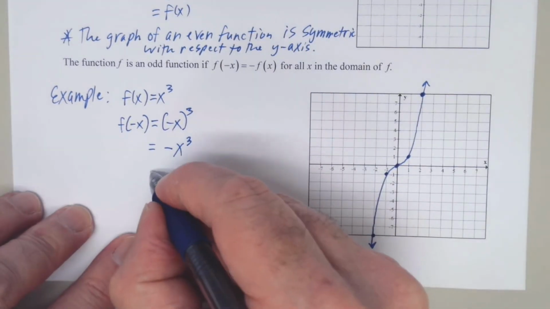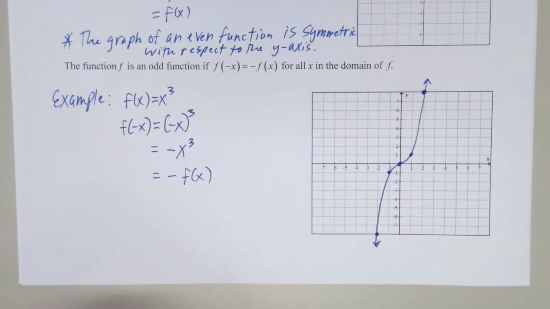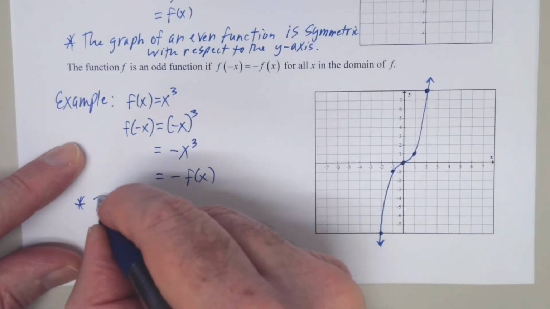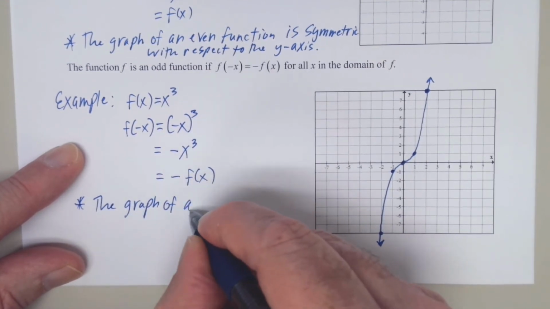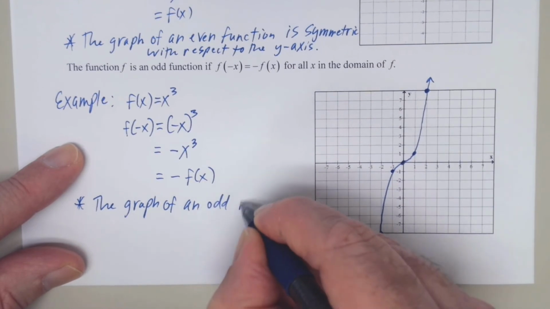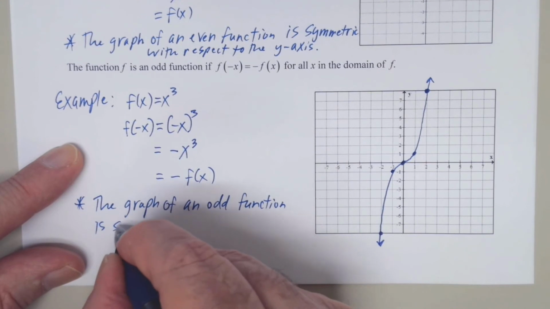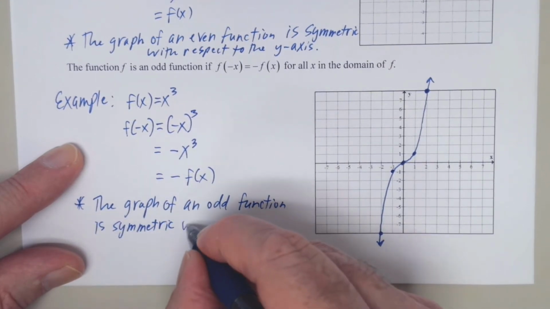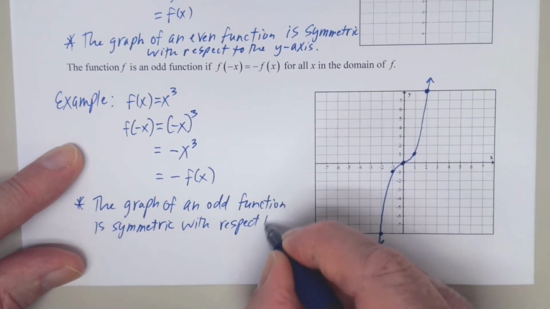And so notice this is equal to the opposite of the original function. And so for this reason, this is an odd function. And notice the graph of an odd function is symmetric with respect to the origin.